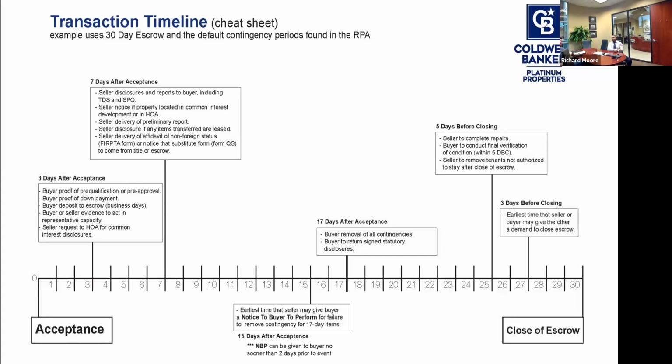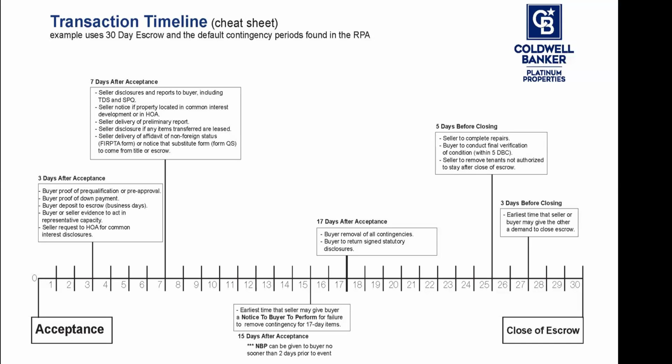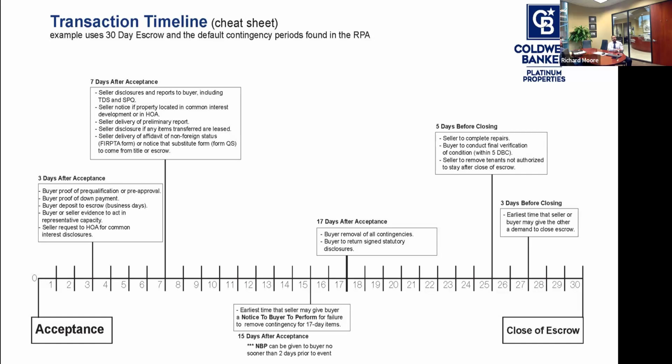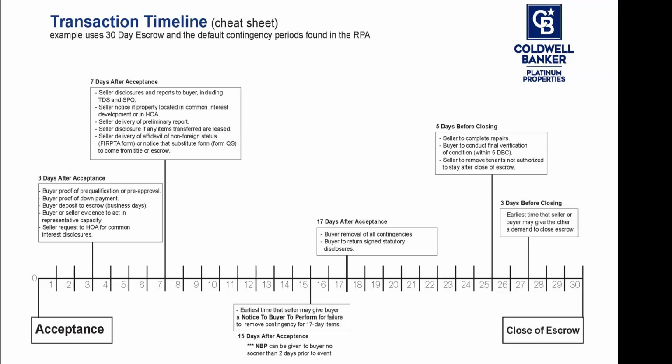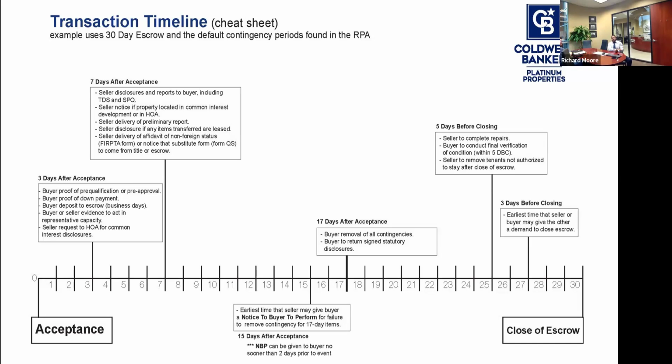No, you have to pay for it before they go out there. It's usually a couple hundred dollars for the inspection. Got it. There might be some inspection companies, or vendors for all different services, that will allow you to pay them at close of escrow. I don't know of any.